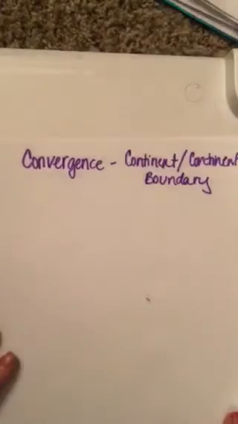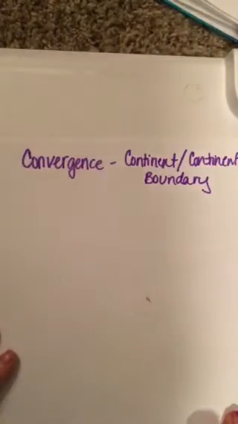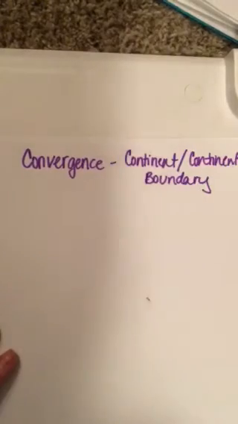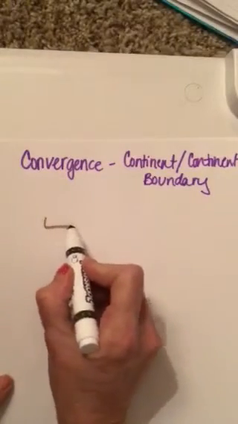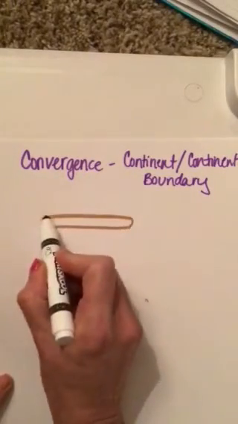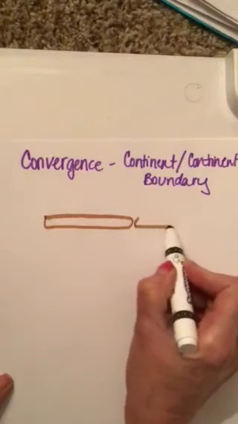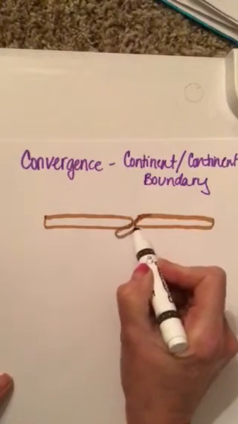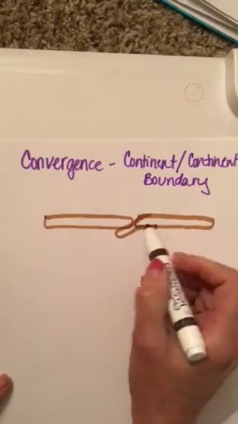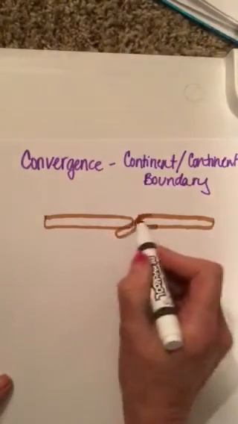Obviously, we're not going to have a lot of subduction, but there might be some minor subduction, making one continental plate a little bit more dense than the other. But if we look at this, so we have two plates coming together.